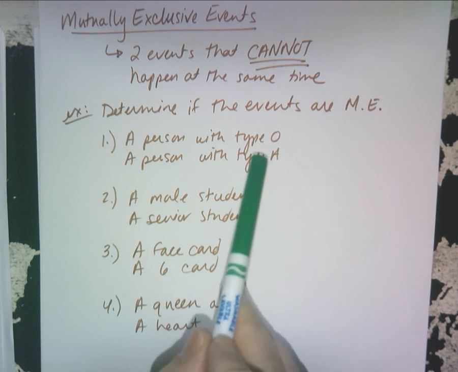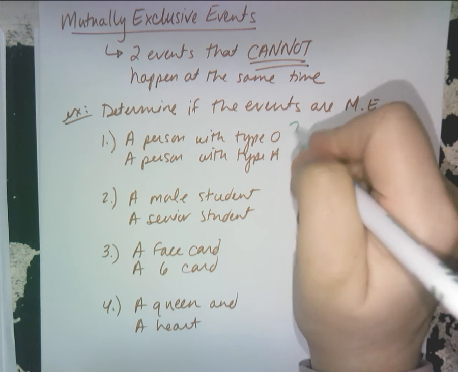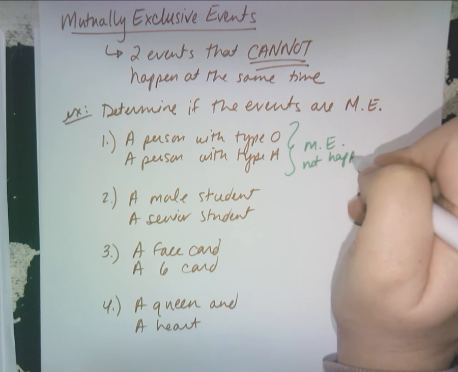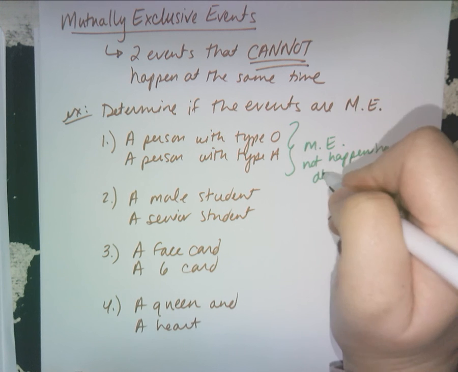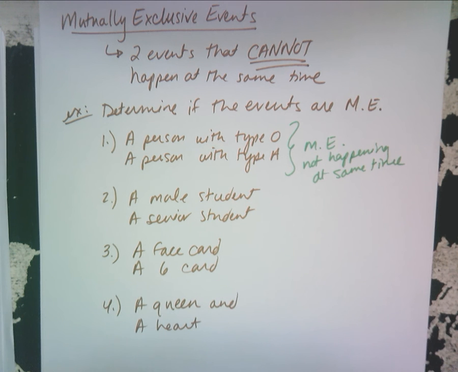So a person with type O and a person with type A, can that happen at the same time? Can you have type O and type A? No. So this would be ME or not ME. This is ME. It's not happening at the same time. A male student and a senior student, can that happen at the same time?